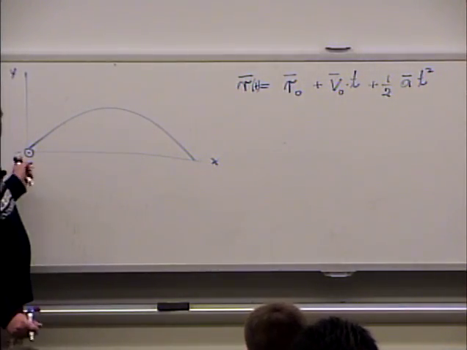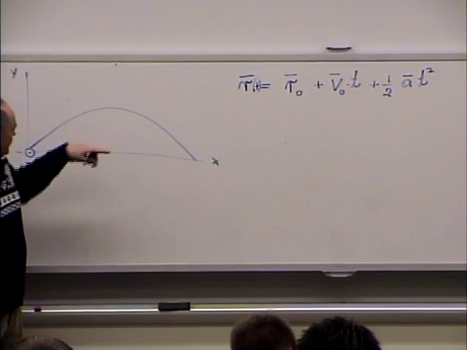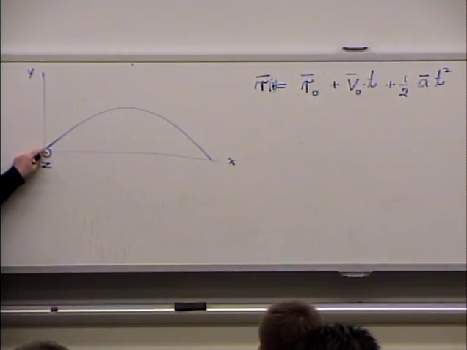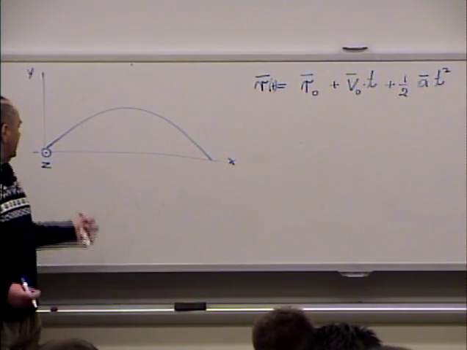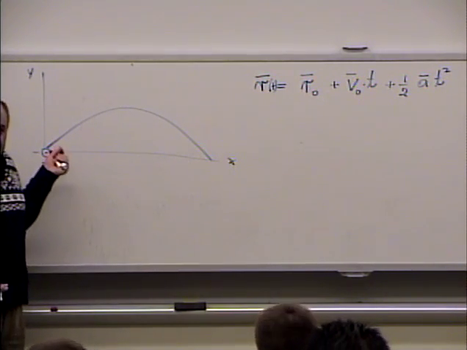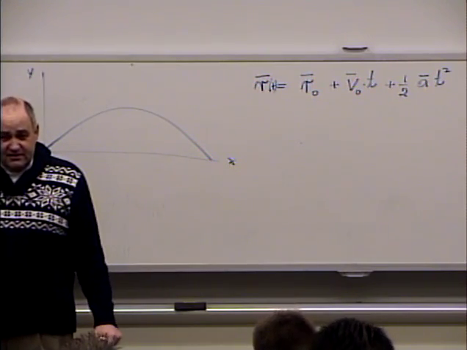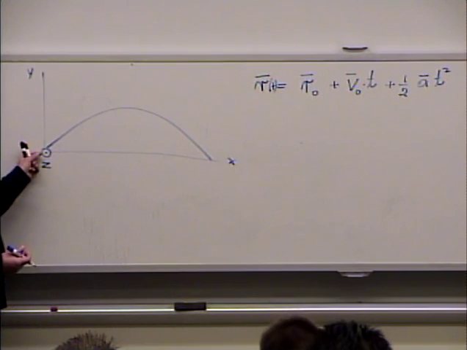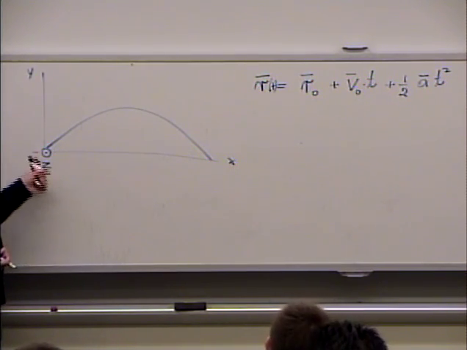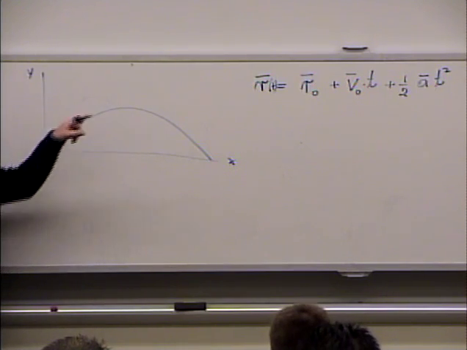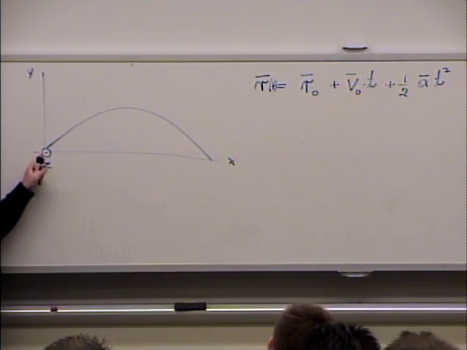So, for example, if I selected a coordinate system in such a way that the motion starts at the origin, and let's say that this is when the object is released, we assign instant 0 to that event. It would mean that if I plug in 0, the formula should give me the location of the particle at that instant.